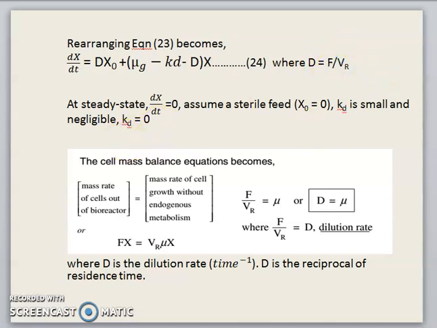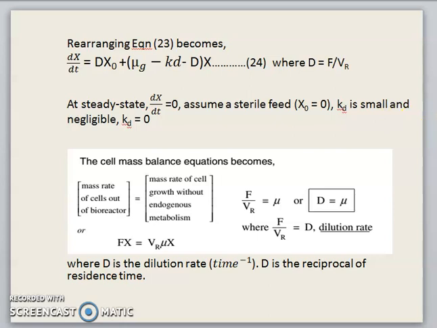At steady state, dX/dt will be equivalent to 0. Assume a sterile feed during the steady state, so X0 equals 0, and kd is small, so kd equals 0 and can be negligible.